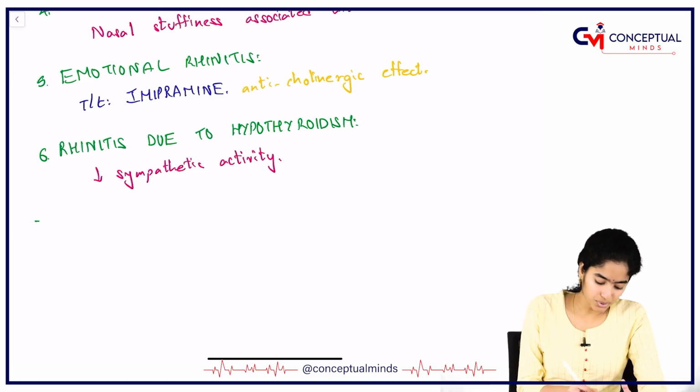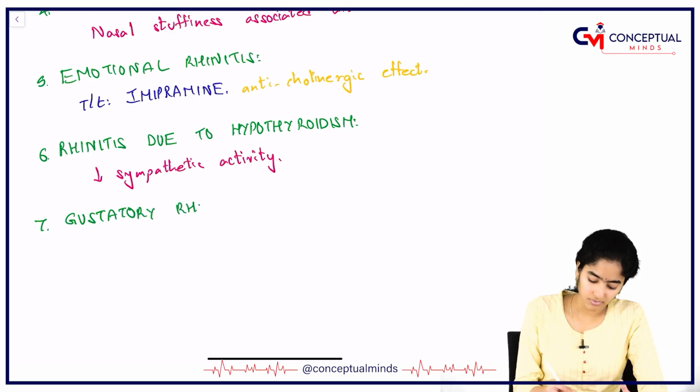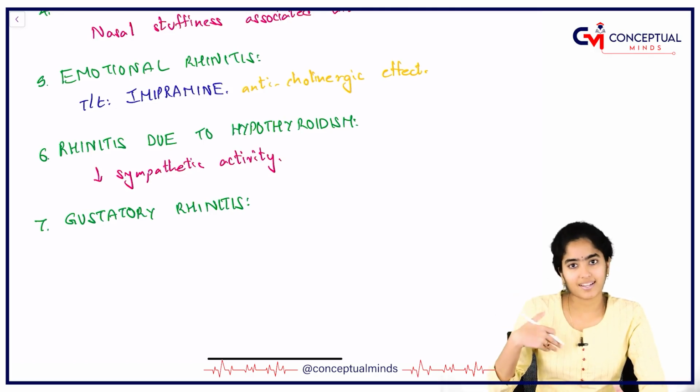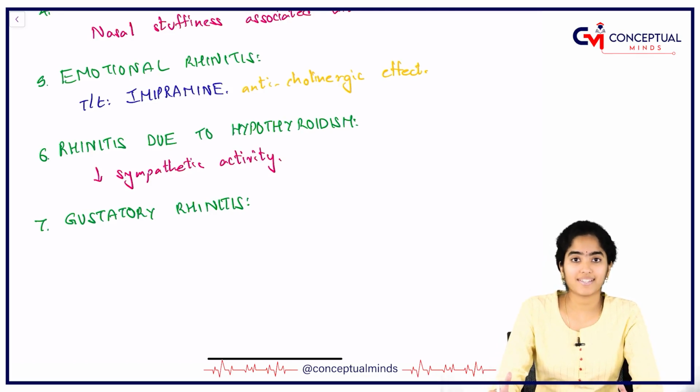Yes, next in our list is gustatory rhinitis. What is gustatory rhinitis? Most of us might have experienced that at least once. When we eat spicy food or pungent food, that will result in nasal discharge. It produces rhinorrhea, nasal stuffiness.